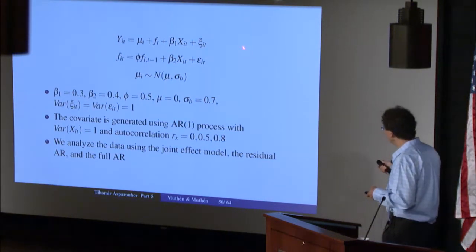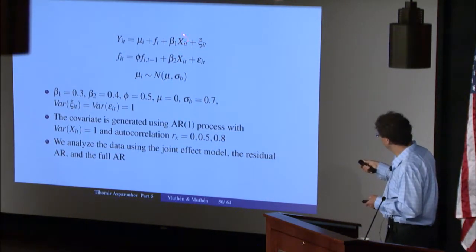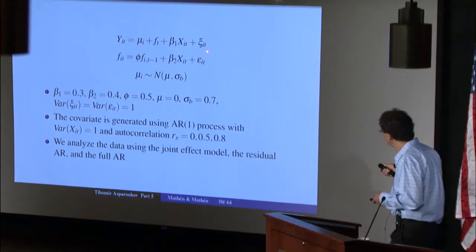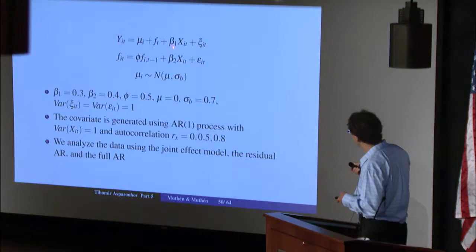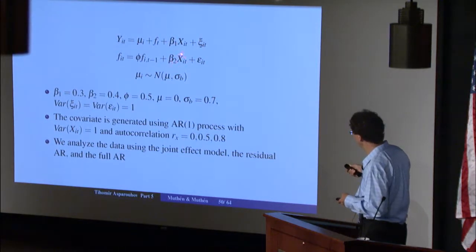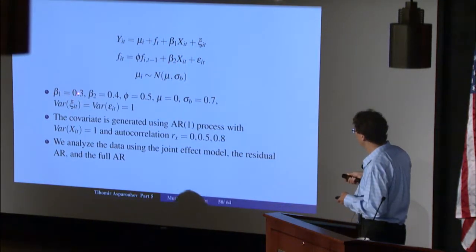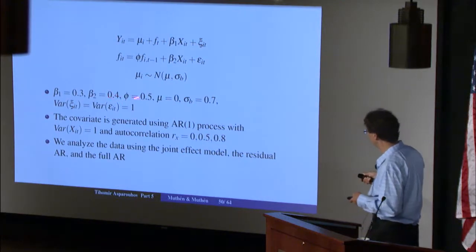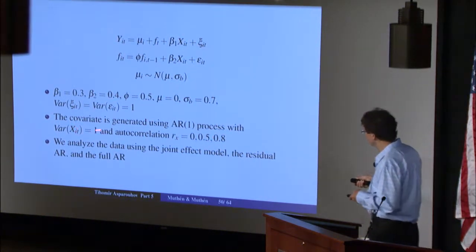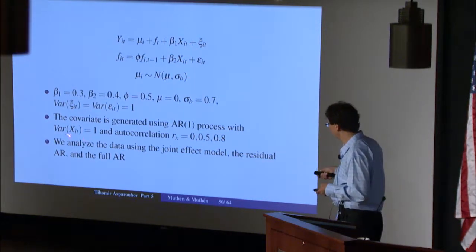Again, this is in a two-level framework. So we have the residual, and the effect of the covariate is outside of the autoregressive equation, but it's also inside. So we have the two regression coefficients, and beta 1 is 0.3, beta 2 is 0.4. Of course, it's important to figure out how to generate the covariate.